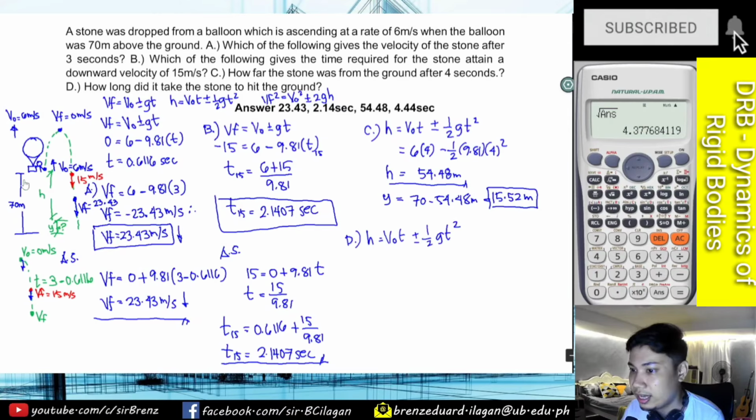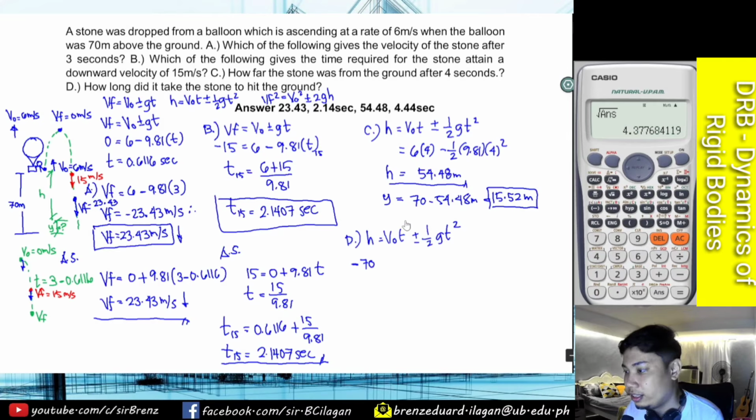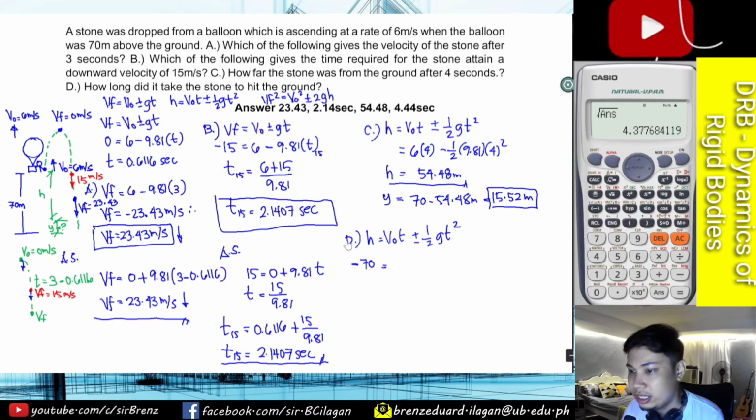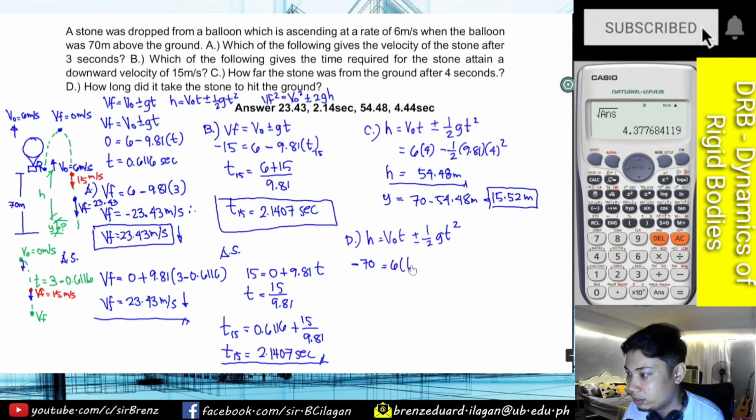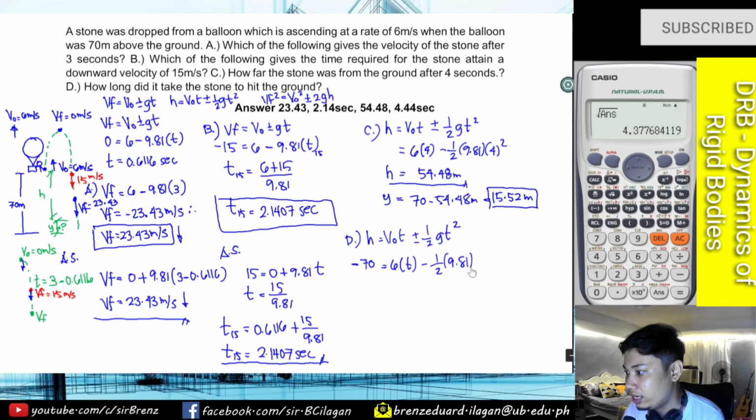So ang gagamitin natin distance niya ay itong 70 meters. Pero since siya nga is opposite the direction of your velocity, that will be negative 70. So initial velocity is 6, multiply mo lang to ng t. And then pataas, so minus ulit ito, 1/2 of 9.81 times t squared.